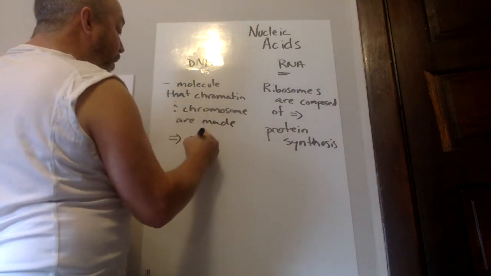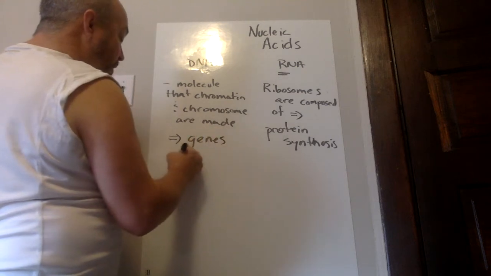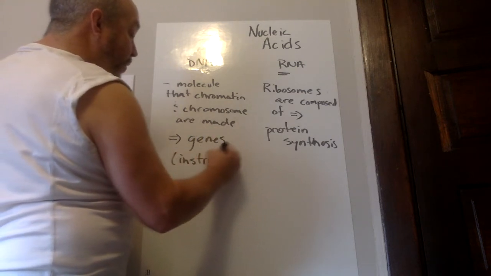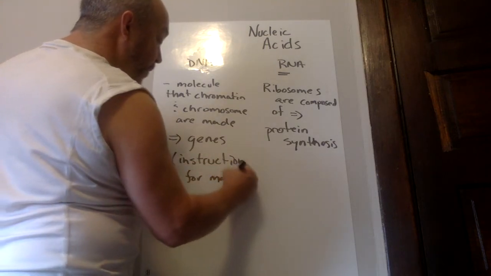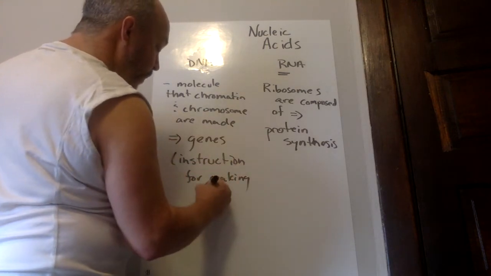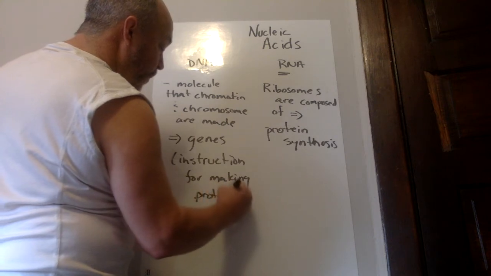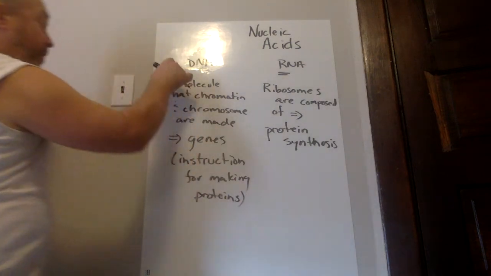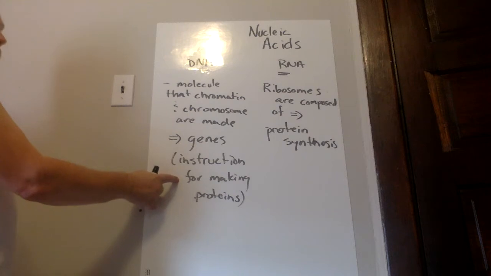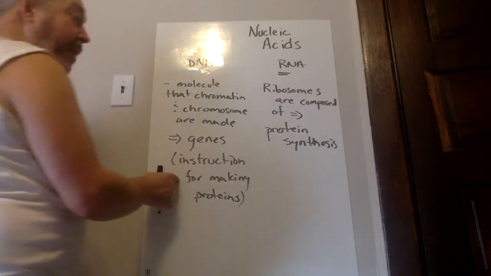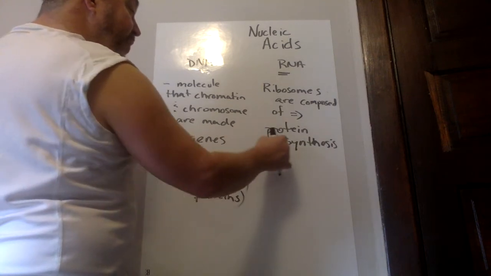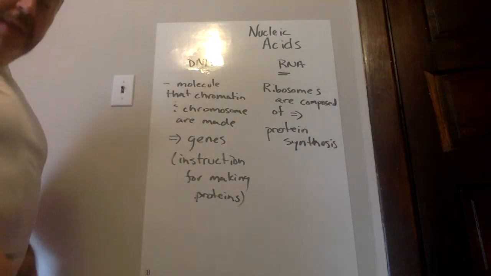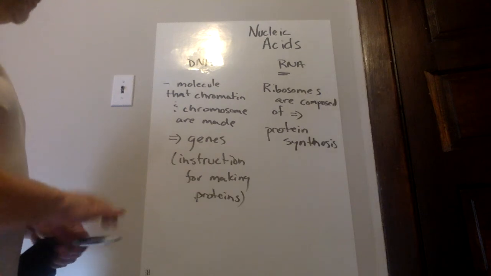This means that they hold genes, and genes are instructions for making proteins. So the function of DNA is that it has the instructions for making everything you need to live. Ribosomes will then take those instructions and actually make the things that allow you to live.